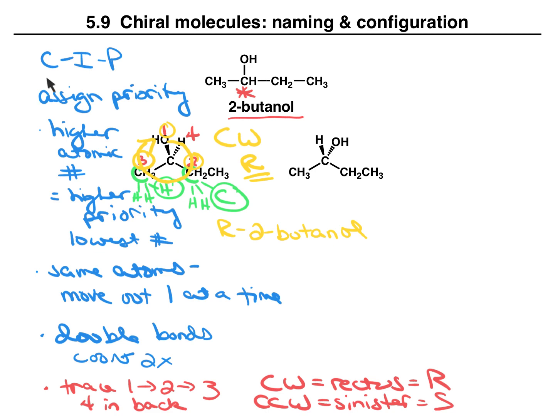We are going to use the Cahn-Ingold-Prelog priority rules a few different times this year, naming different types of compounds. So we're always focusing on the higher atomic number.